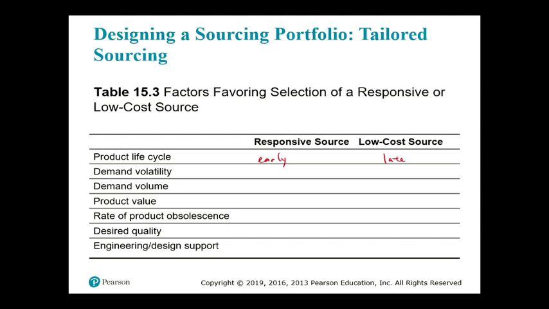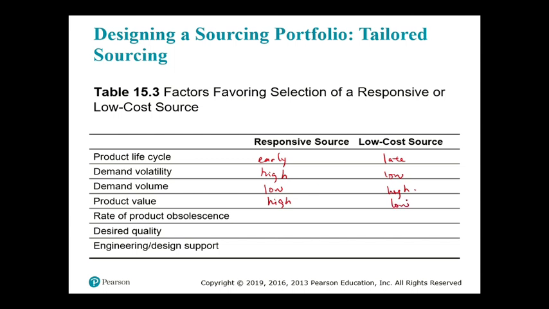So that basically explains what we would do facing different levels of demand volatility. If we have high volatility, then we need a responsive source, and low for low cost. Demand volume, low or high. Product value: high value is a responsive source, low value for a low cost source.